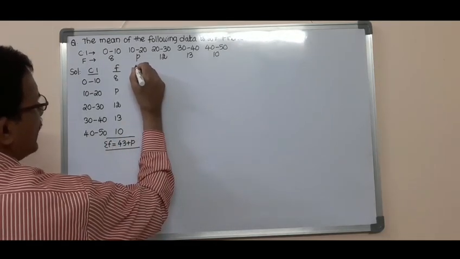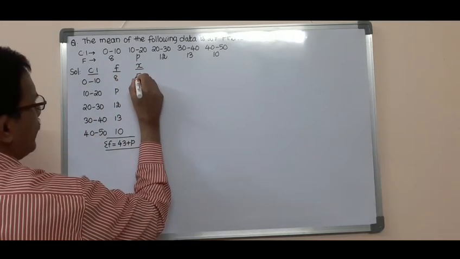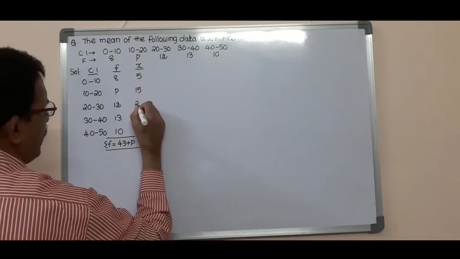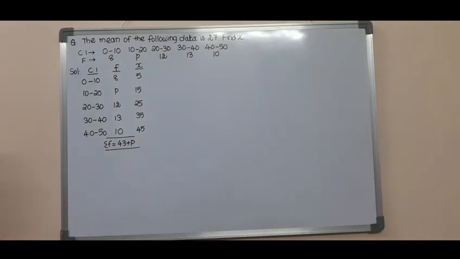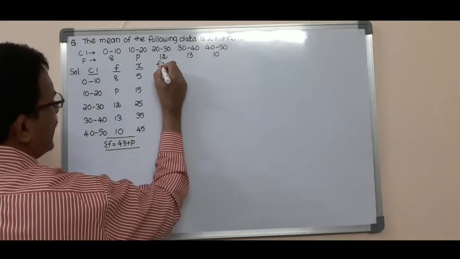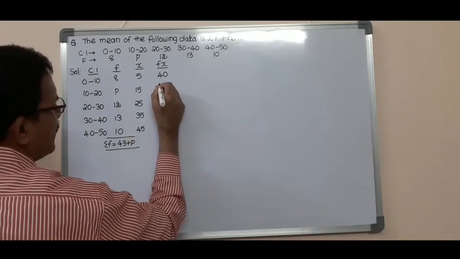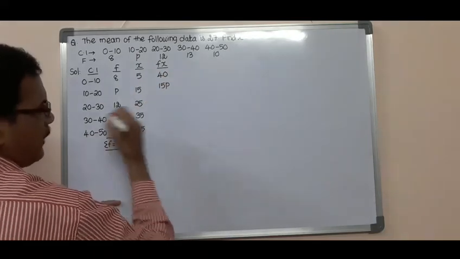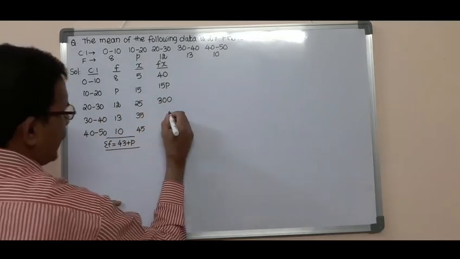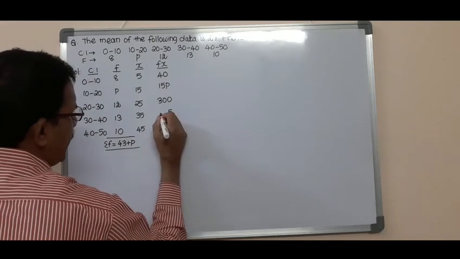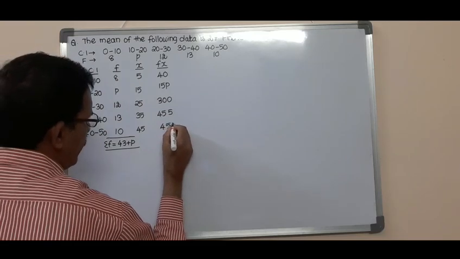Now next column is class marks denoted by x. Now 0 to 10 class mark 5, 15, 25, 35 and 45. Next column is f into x. So 5 into 8, 40, 15 into p, 15p, 25 into 12, 300, 35 into 13, 455, 45 into 10, 450.